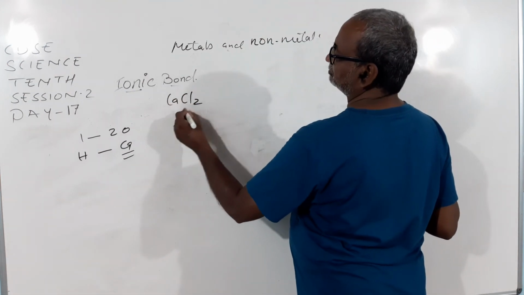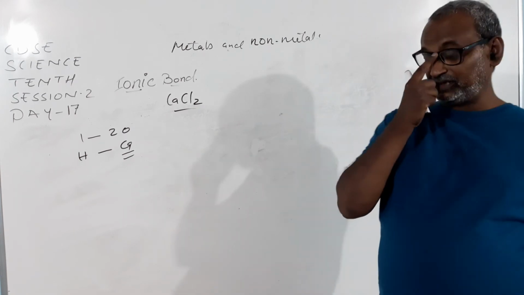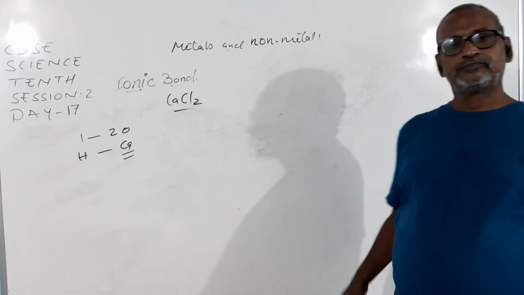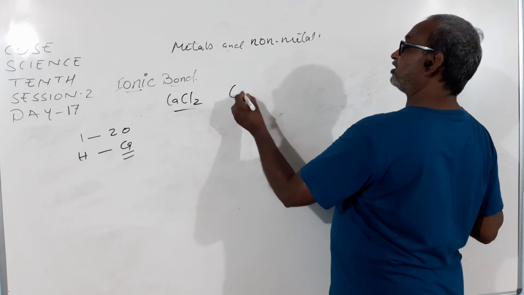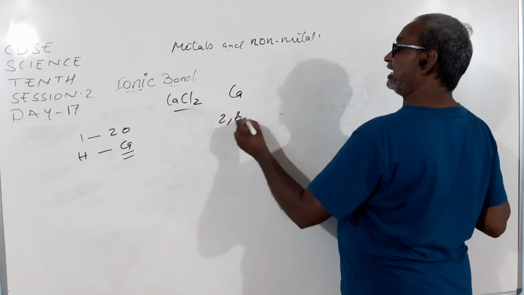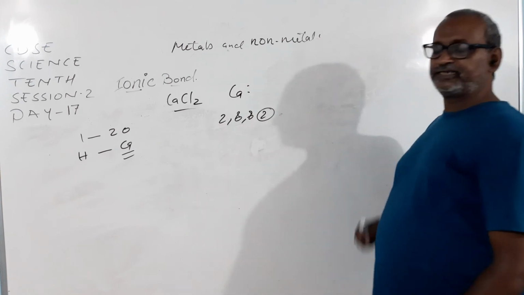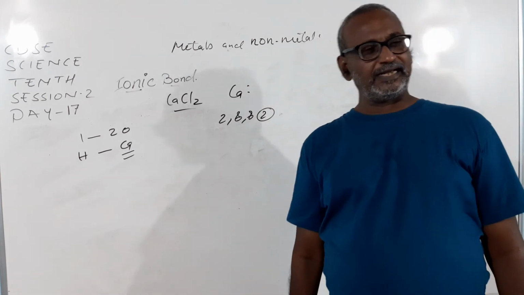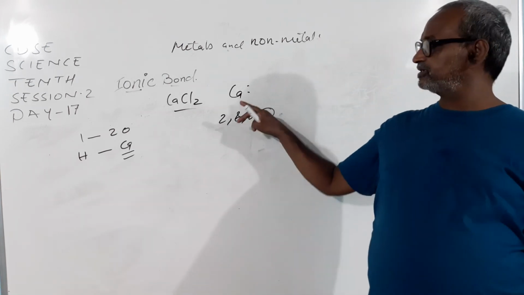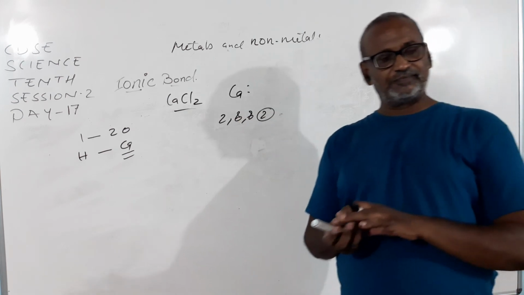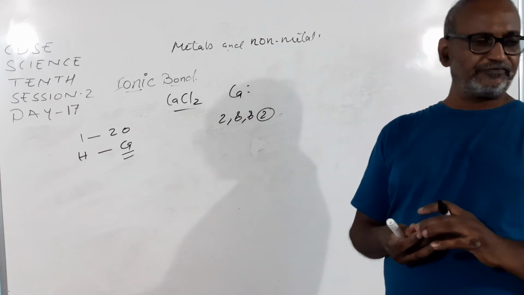Formation of calcium chloride, CaCl2. Electronic configuration of calcium is 2,8,8,2. So it has 2 electrons in its outermost orbit, and it has a tendency to lose these 2 electrons and form a stable configuration.